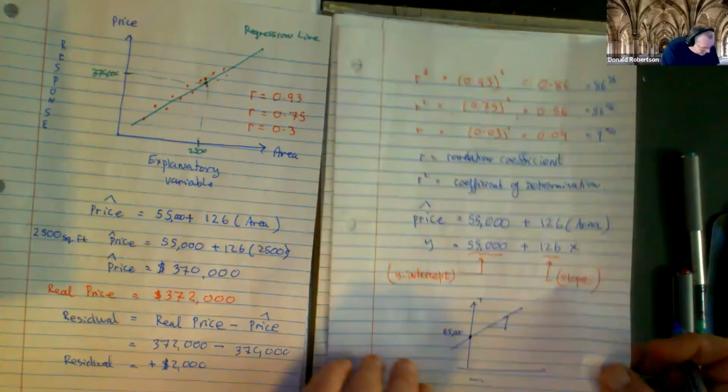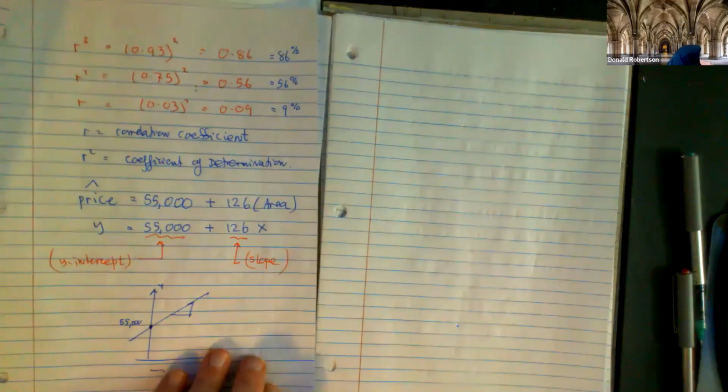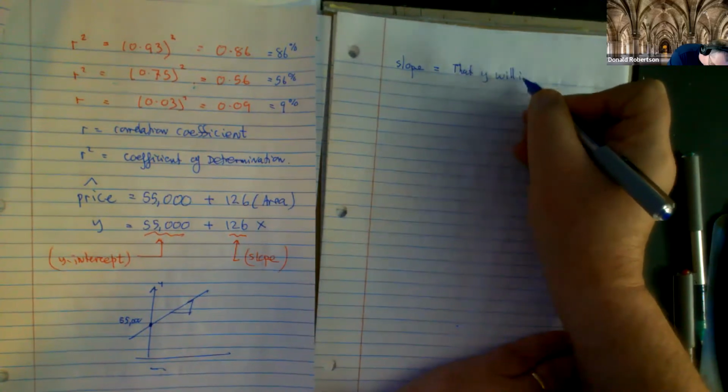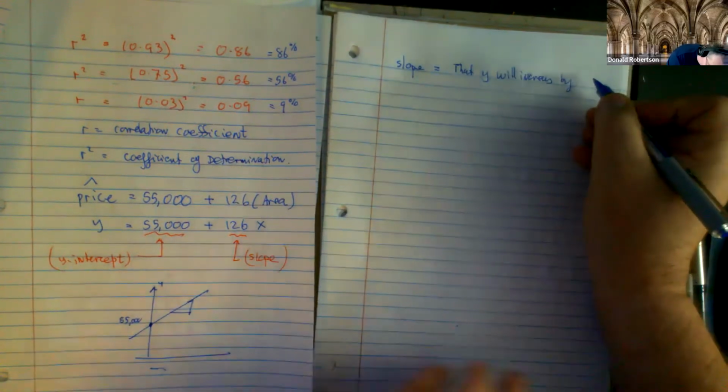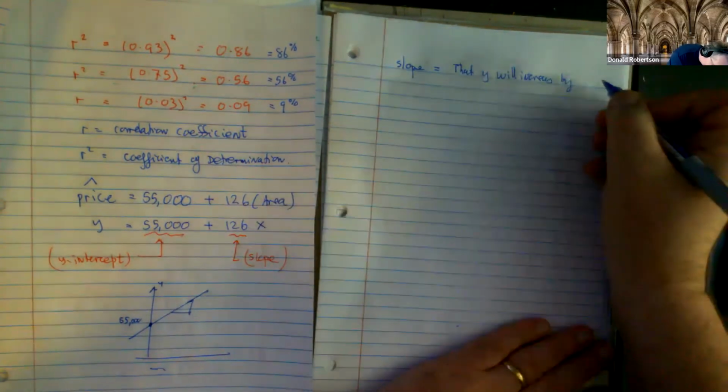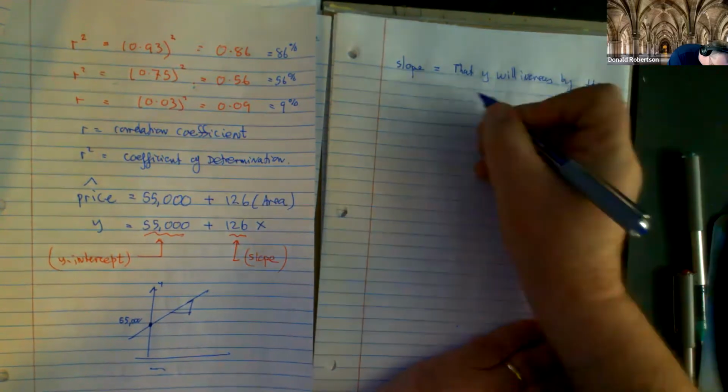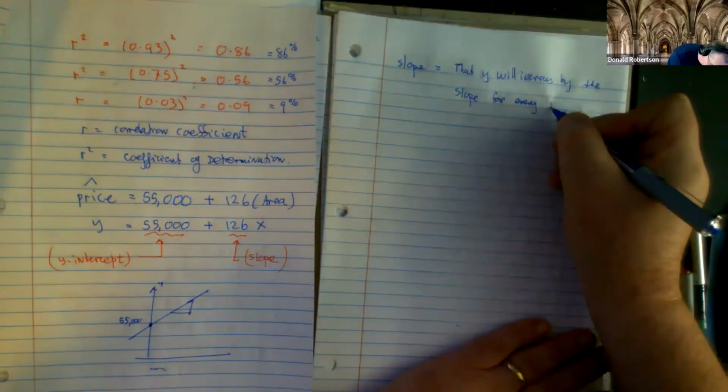We can actually, in some questions, predict or put a meaning to what these two things are doing. Let's talk about what the slope tells us. The slope says that y value will increase by whatever the slope is, for every one increase in x.